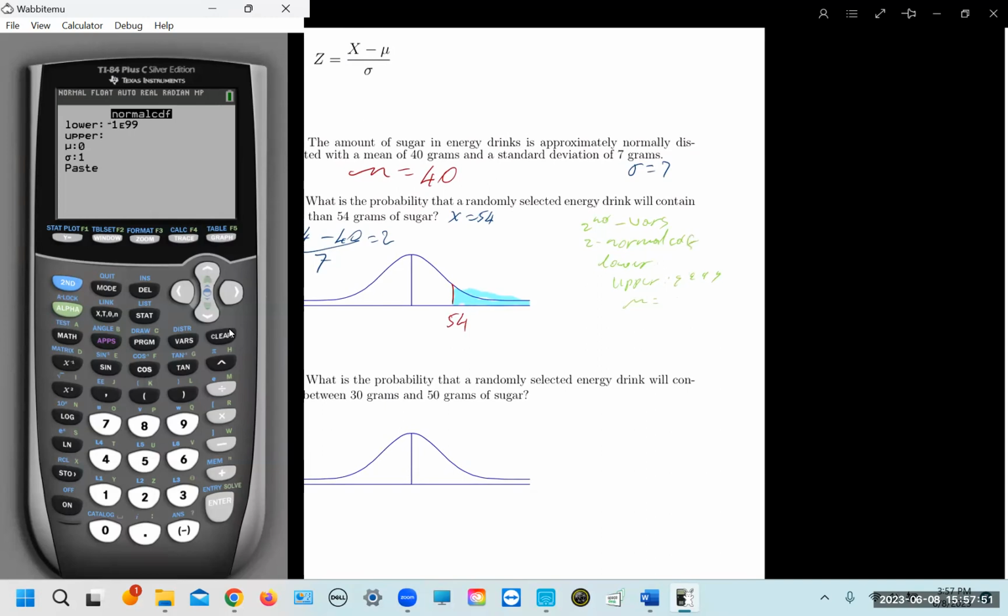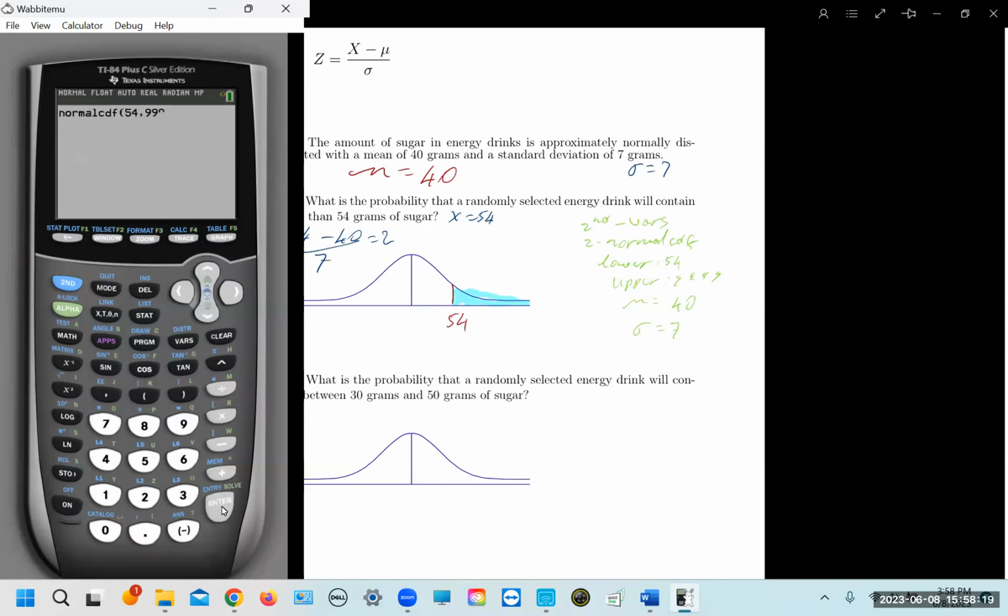Normal CDF, 54, and the mu is 40, and the sigma right here is 7. So the lower 54, the upper 99999, the mu is 40, the sigma is 7.